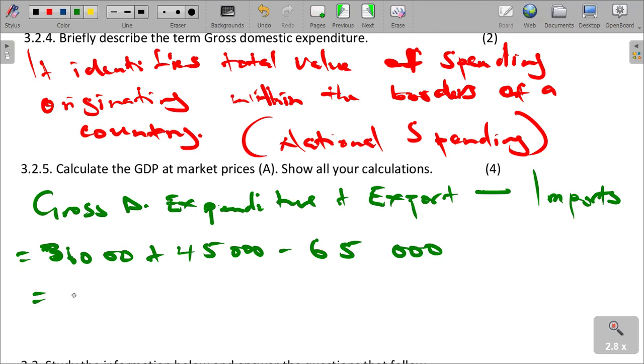That is going to give us 340,000. That is what we mean by GDP at market prices.